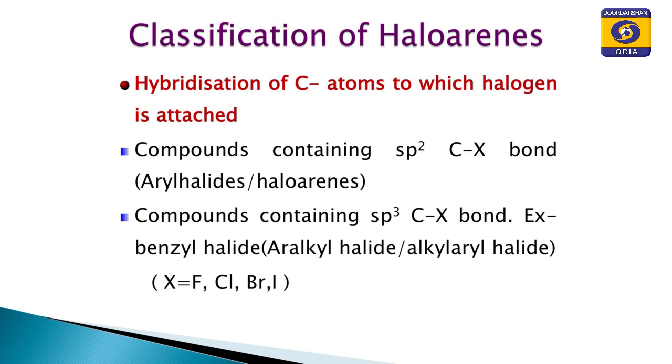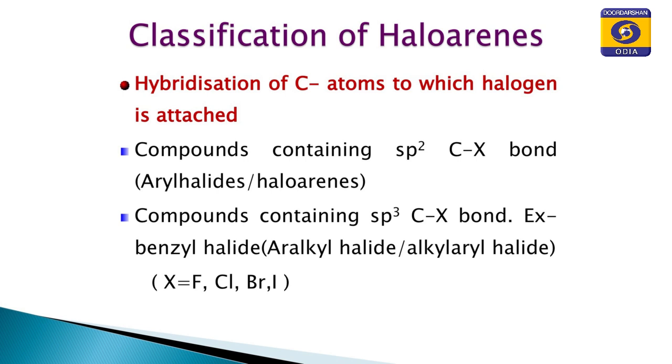One category is compounds containing an sp2 carbon-halogen bond and the other is the sp3 hybridized carbon-halogen bond. Your haloarenes, that is chlorobenzene, fluorobenzene, bromobenzene, etc., are under the category of sp2 carbon-halogen bond, whereas in the benzyl halide, as in the example I have given, in toluene the hydrogen of the methyl group is replaced by the halogen.